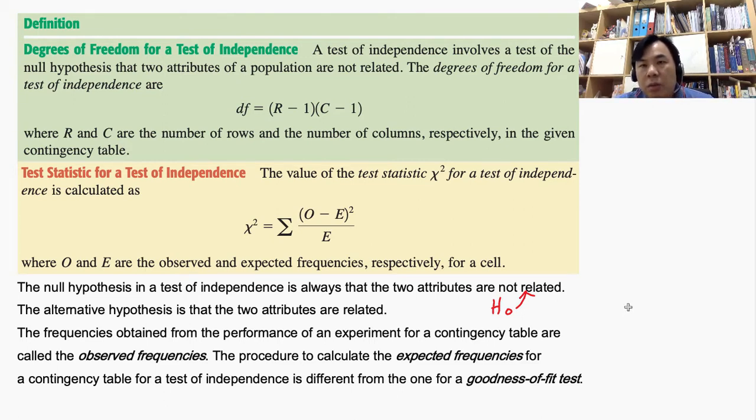Then the alternative will be otherwise. Right? Now, the frequencies obtained from the performance of an experiment for the contingency table are called the observed frequency, exactly the same. The procedure to calculate the expected frequencies for the contingency table for a test of independence is different from that of the goodness of fit there.